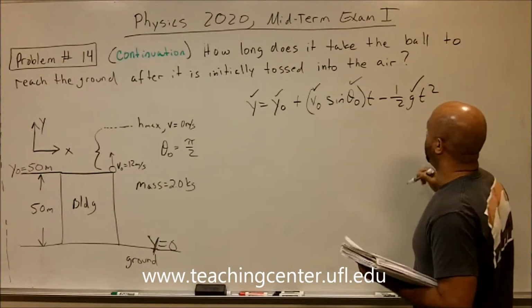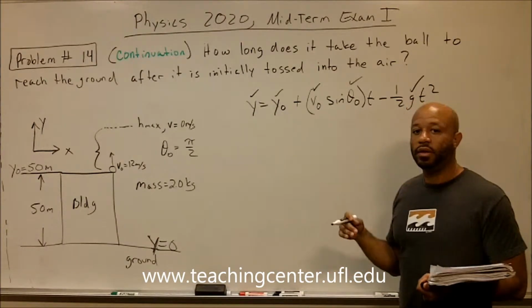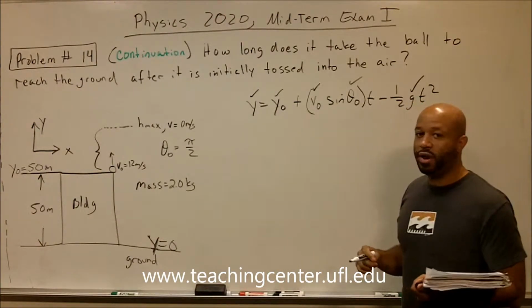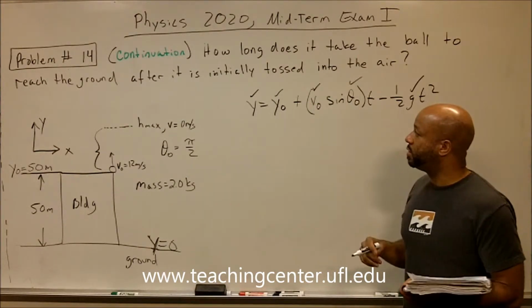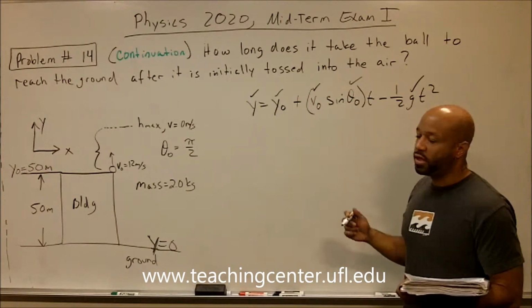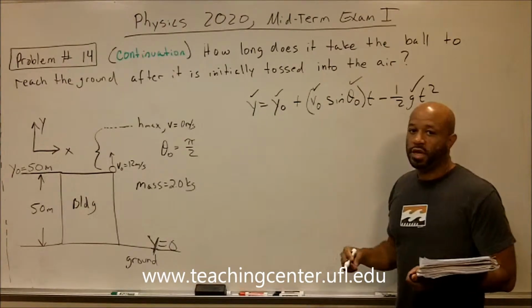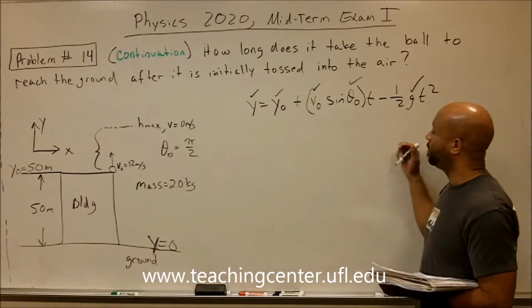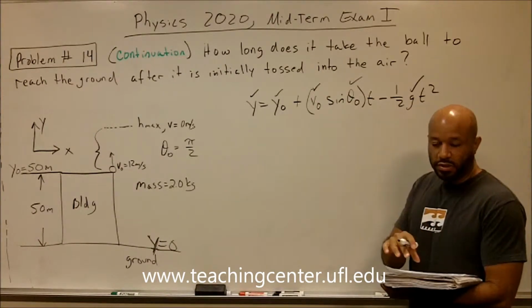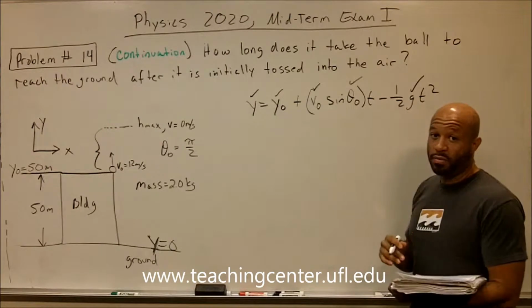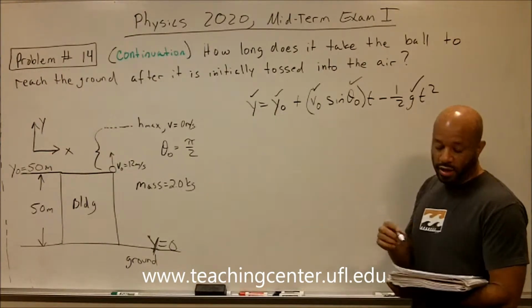And if you're confused as to when you're supposed to plug in a negative gravity and a positive gravity, please refer to the short lecture on signs for projectile motion, and also a short lecture on these particular equations and how they came up with them and why you have some positive signs and some negative signs in these equations.